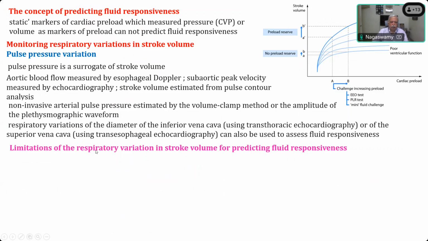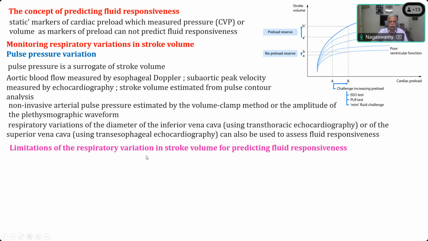Now, what are the limitations of these respiratory variations in stroke volume? As I said, the first and foremost thing is we are interfering with the normal physiology of negative pressure alternating with positive pressure. Here it becomes positive pressure all the time.